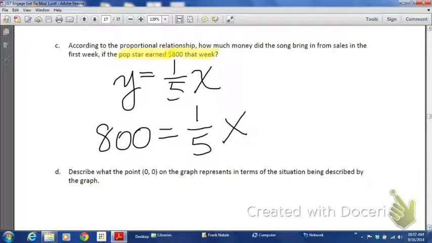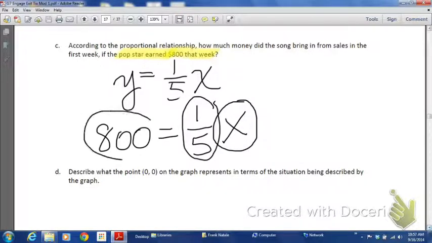So we need to calculate what is the value of this if 1/5 of it is going to equal $800. Okay, and what we can do, as we can do with all equations like this, and we talked about this some time ago, is to isolate this x.